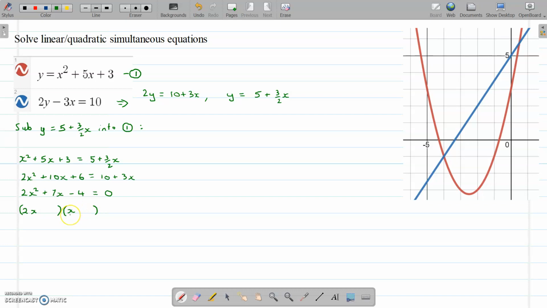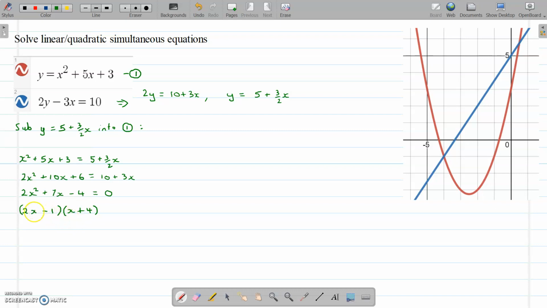And the 4 at the end is either going to come from 1 and 4, one of them will have to be negative, or it's going to come from 2 and 2. But I think you can see that if you were to put a plus 4 here, and a negative 1 here, that would give you the correct factorization.